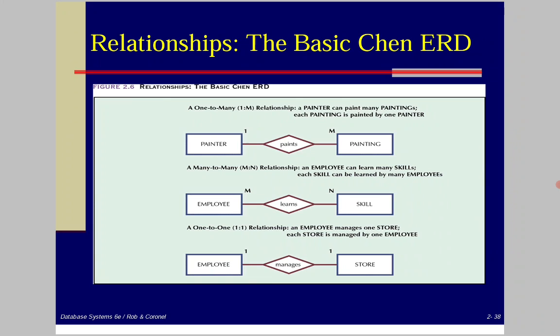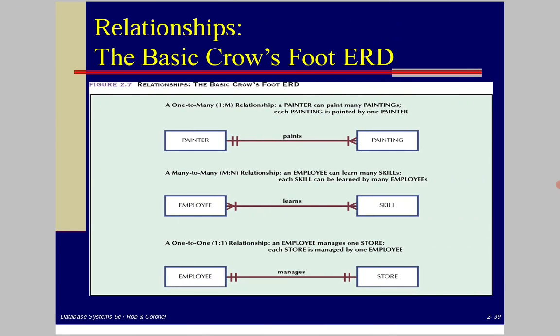Painter is an entity, painting is an entity, employee is an entity, skill is an entity, store is an entity, and paints, plane, and manages are all relationships. These are different examples of one to many, many to many, and one to one relationships. Another slide explains more relationships.